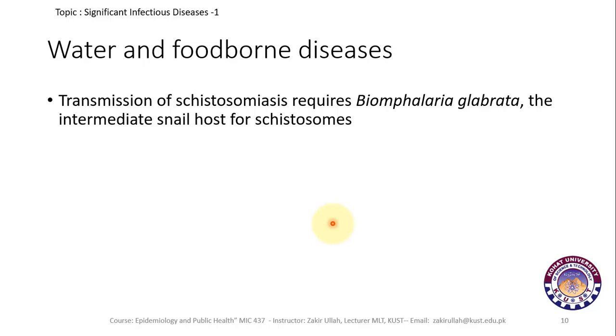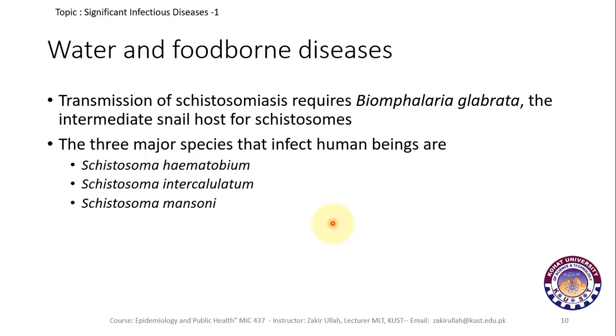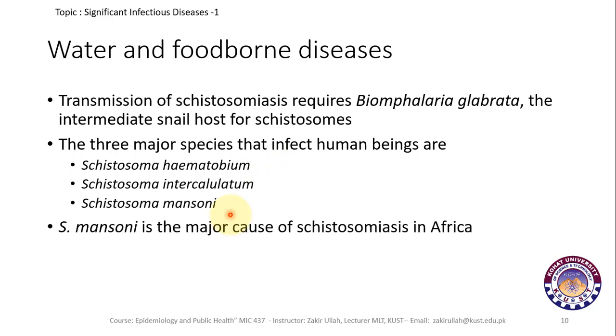It is a snail which is the intermediate host for the life cycle of schistosomes. Three major species of schistosomes are known: Schistosoma haematobium, Schistosoma intercalatum, and Schistosoma mansoni. And Schistosoma mansoni is the major cause of African schistosomiasis.